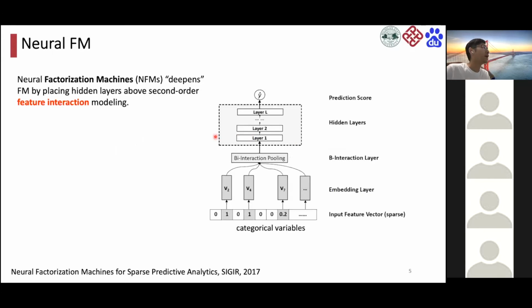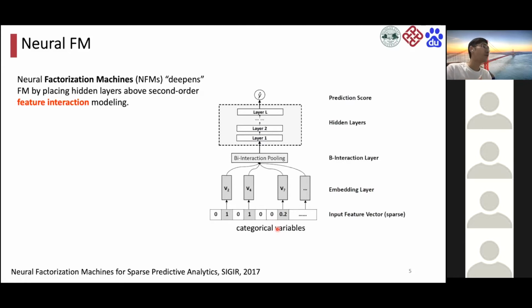Okay, in many prediction tasks, recommender systems need to model categorical variables, such as user demographics, like gender and occupation. And these categorical features are usually highly sparse. So to effectively learn from such sparse data, it's important to consider the interactions between features.